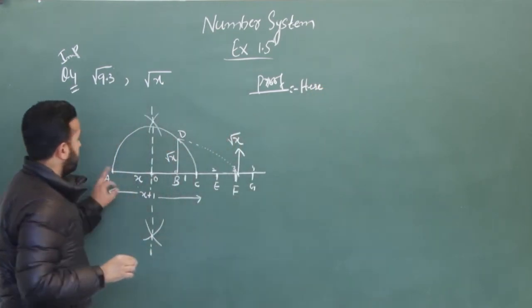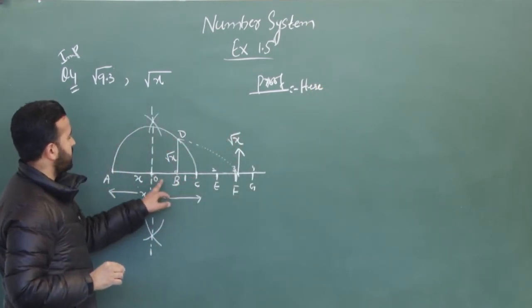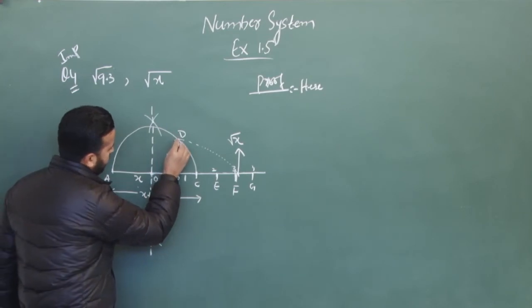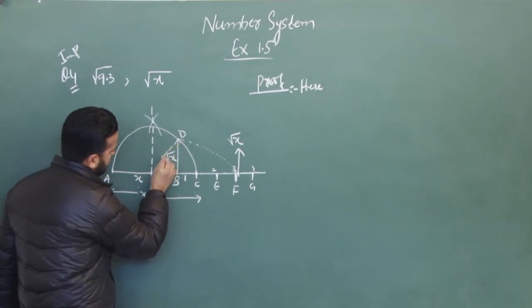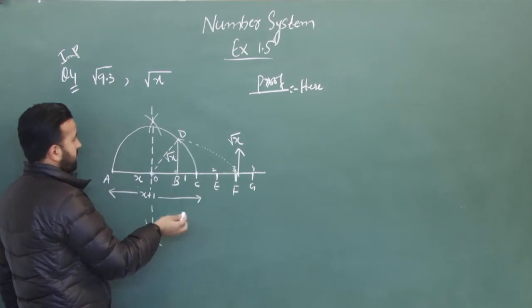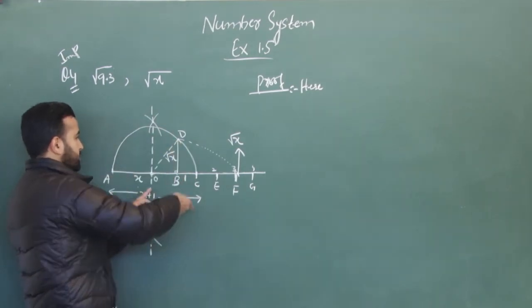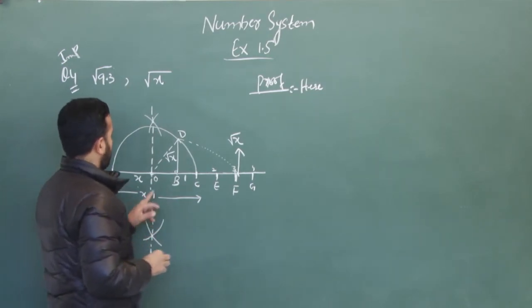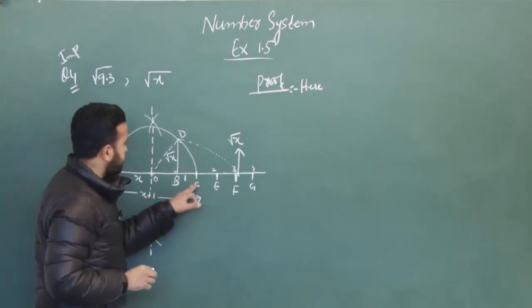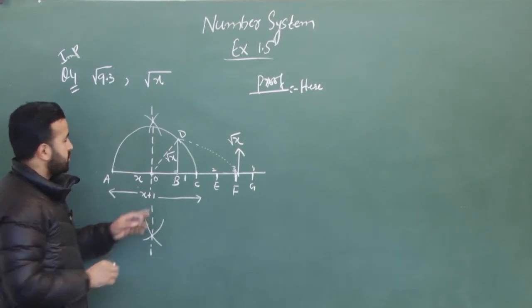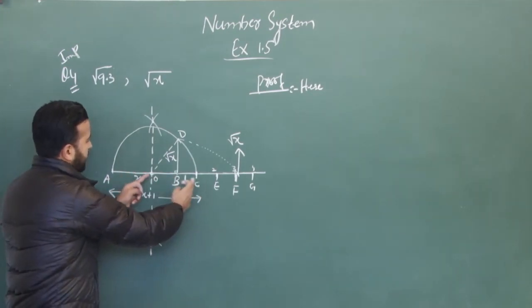here OA, OC and OD, you can see these are all the same length, that is OA is the radius, OC and OD is also the radius of the semicircle. So AC, we know it is x plus 1. So half of that will be x plus 1 divided by 2.